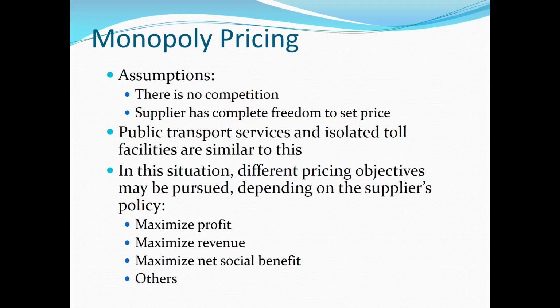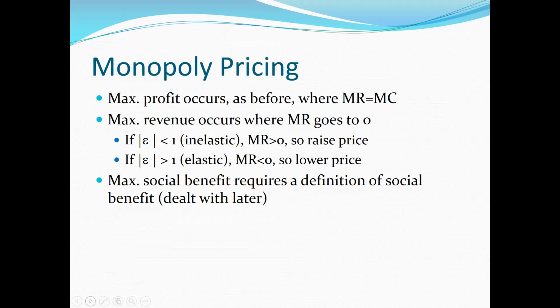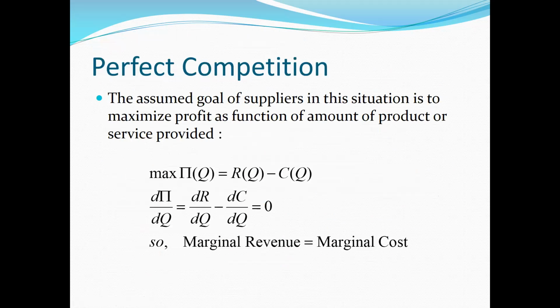Okay, so let's think about what monopoly pricing might look like. So maximum profit still happens when the marginal revenue equal to marginal cost, because this idea is still the same.